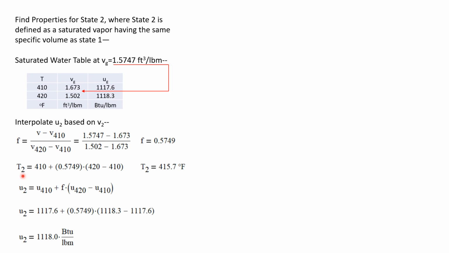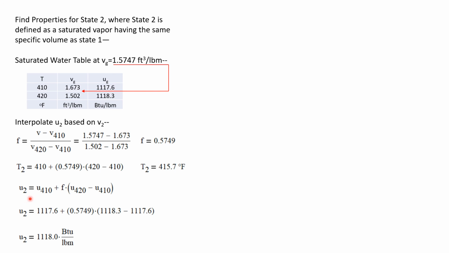So let's do the temperature first. Our interpolation formula is that T2 is 410 degrees, which is the first value in the table, plus our value of f times the difference of the values of temperature in the table, 420 minus 410. So we get that T2 is 415.7 degrees Fahrenheit. And we're going to do exactly the same thing for internal energy.